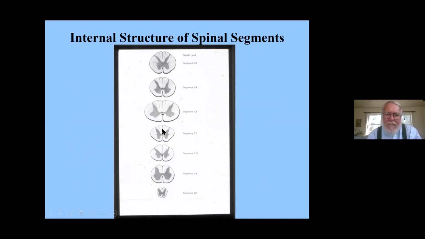In the upper thoracic segment, we have a dorsomedial septum and dorsolateral septi, so we still have both. But in the lower thoracic segment, notice here we just have a dorsomedial septum, so hence only a fasciculus gracilis.